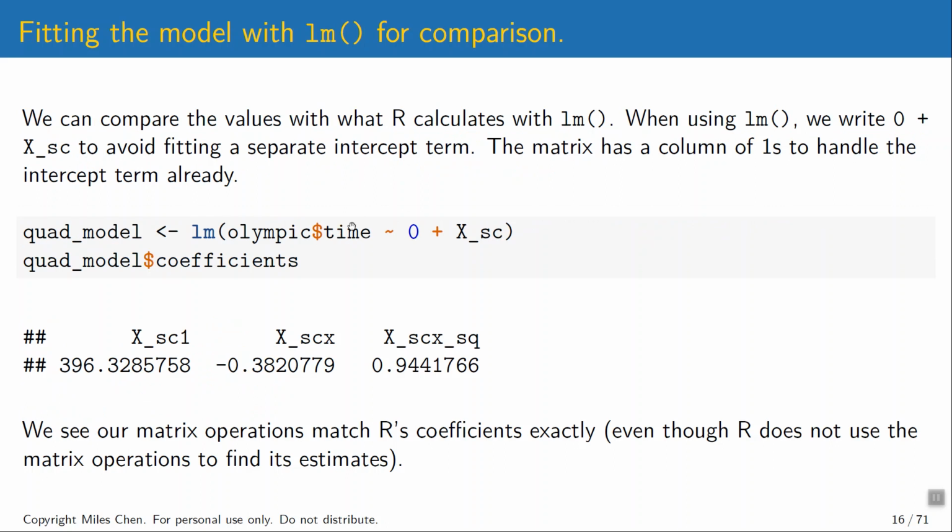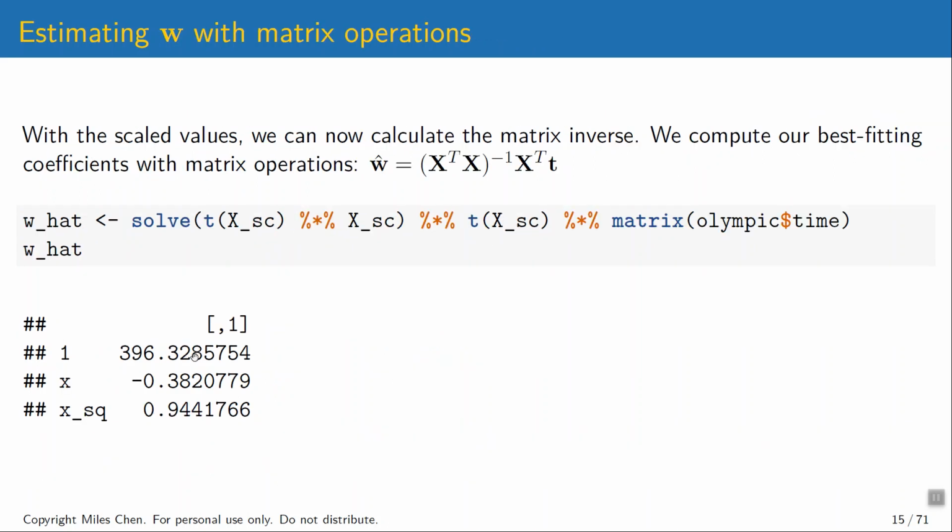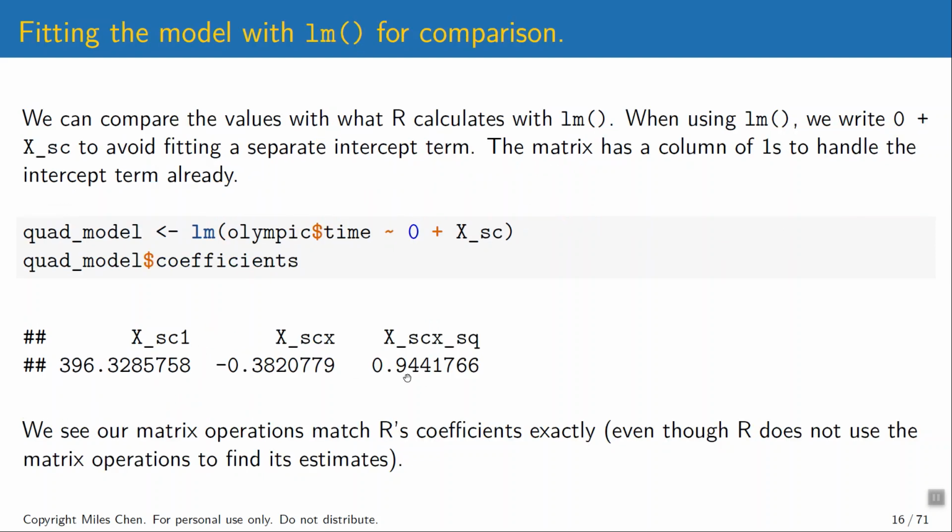So you could do time as explained by x and x squared, but because it's not scaled, you're going to get different things. I did it using this matrix to show that these values, 396, negative 0.38, and 0.944, are exactly what LM fits when we fit it the way we're accustomed to.